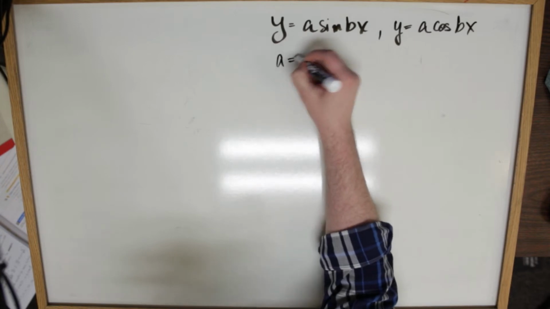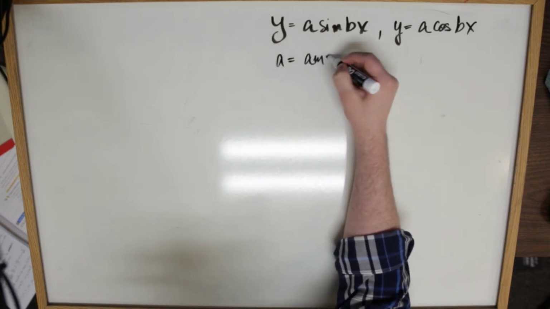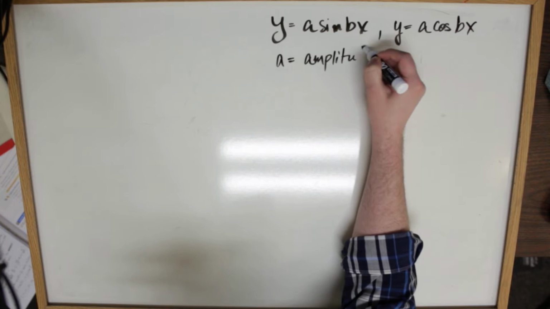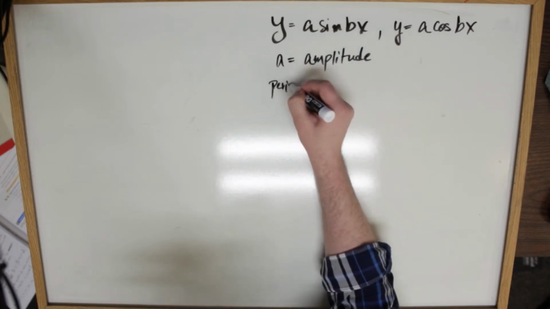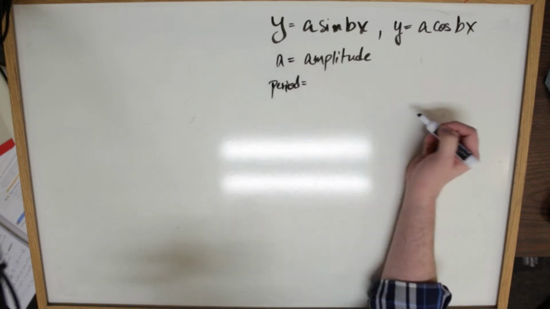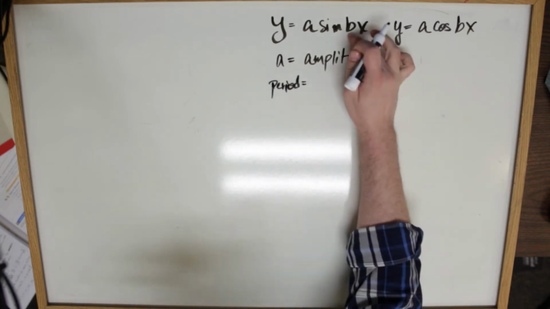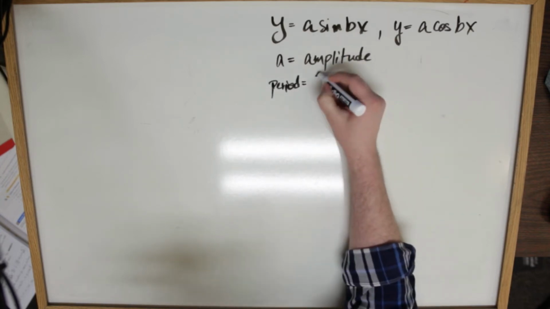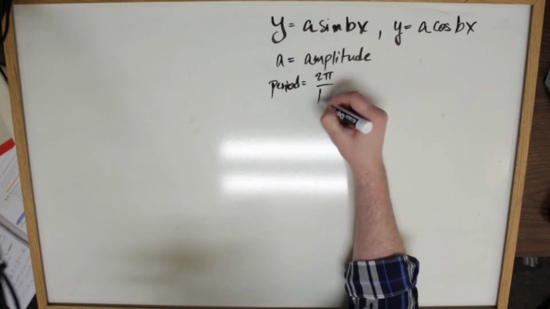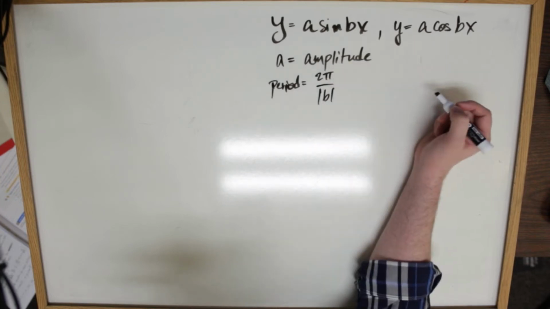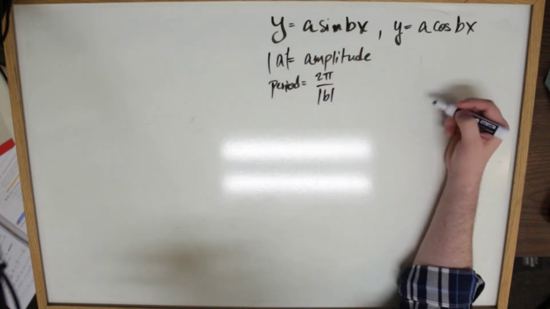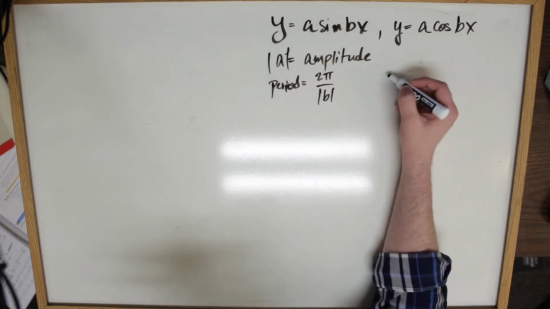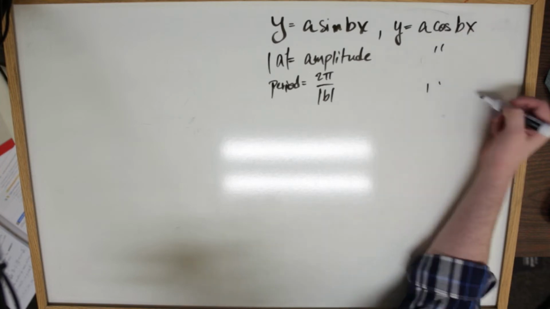A is going to be amplitude. And for period, you use b to find it, but b is not going to be the period itself. It's going to be 2 pi all over the absolute value of b. Or in this case, I should say the absolute value of a is amplitude. So the same applies here as well. It's the exact same.